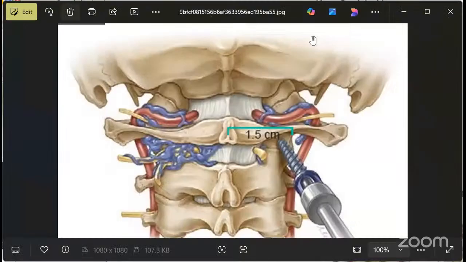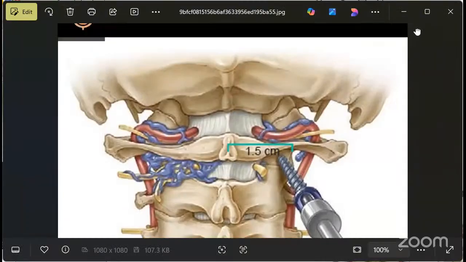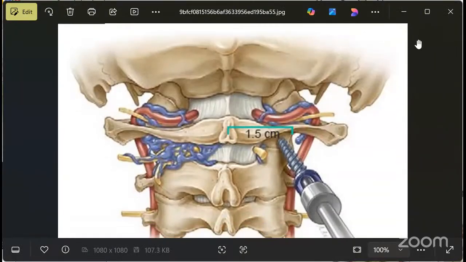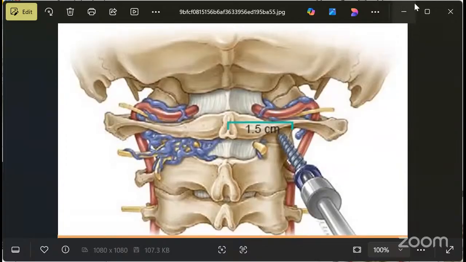But suppose it's not possible, then what happens? We will do a hemilaminectomy of C1. Then we have to mobilize the C1 root a little bit, and the posterior arch of C1 will be taken out, ronged. The dura has been opened, and we have to peel the arachnoid.